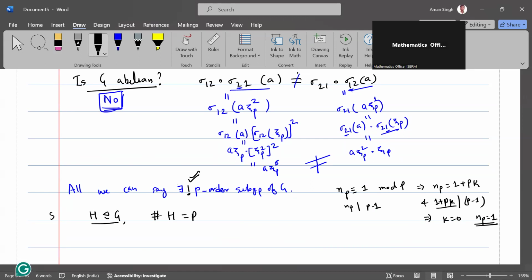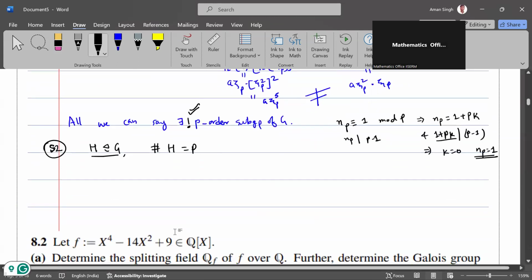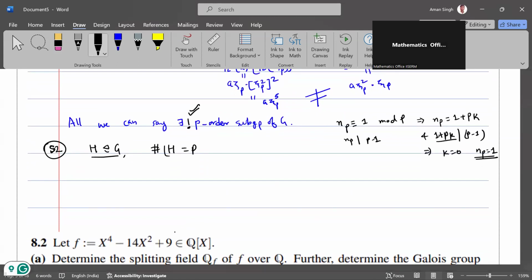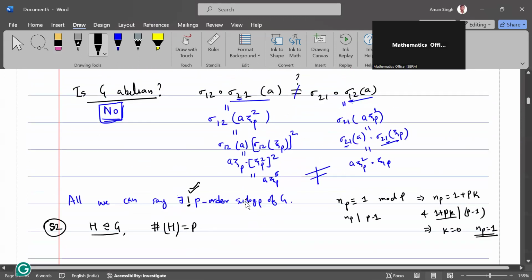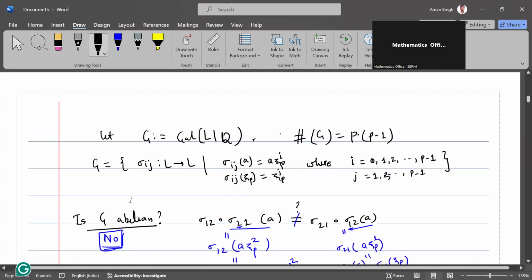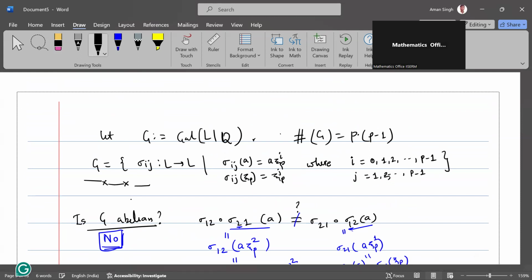This is Sylow 2, okay? Sylow 2. A unique Sylow P subgroup is normal. The order of H is equal to P. Now what? We have actually described what our G is exactly here, and how sigma ij are acting on A and zeta P. This is completed.